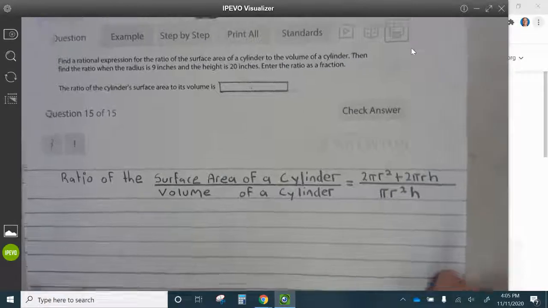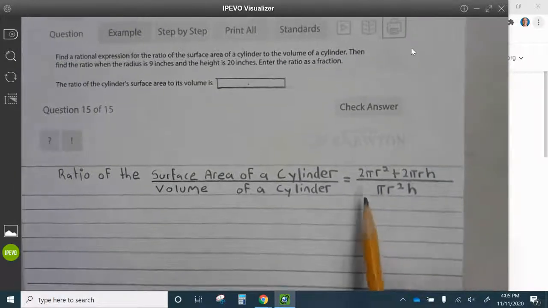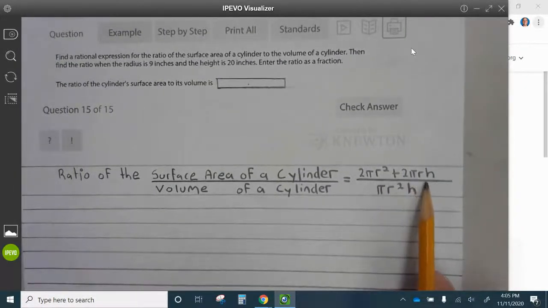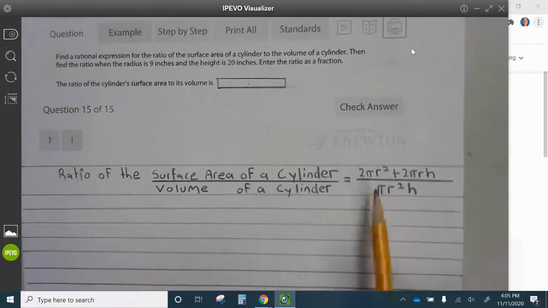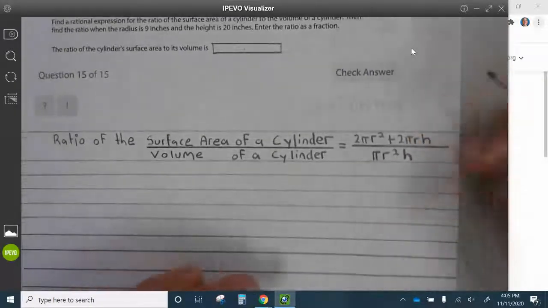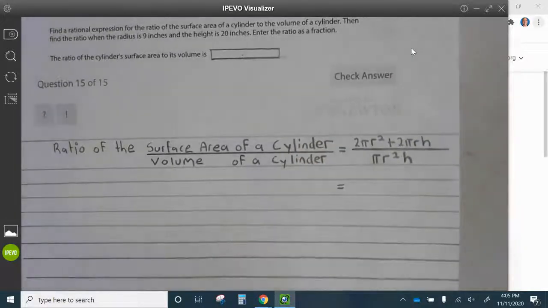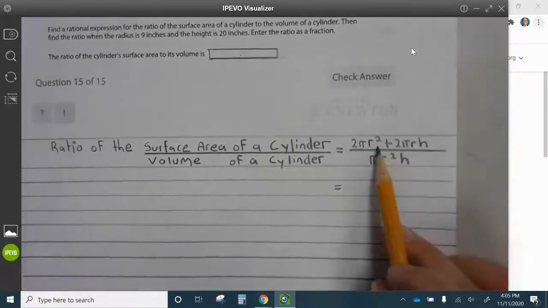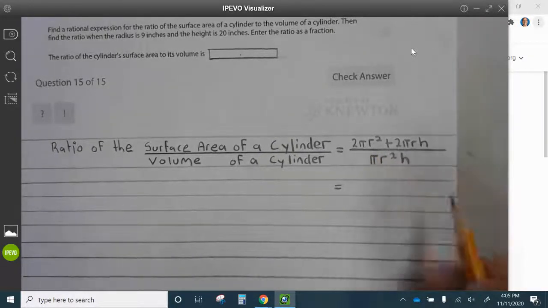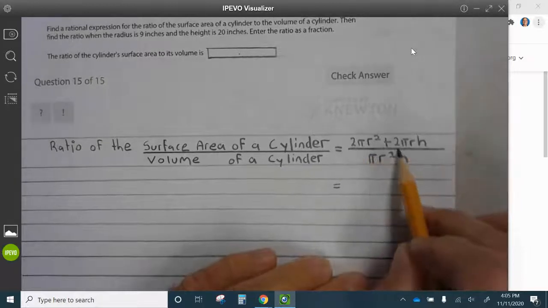All right. So the surface area of a cylinder's formula is 2 pi r squared plus 2 pi rh. And the volume of the cylinder's formula is pi r squared h. So here, we can factor the numerator because they both have a pi and they both have r. We can also factor out a 2.